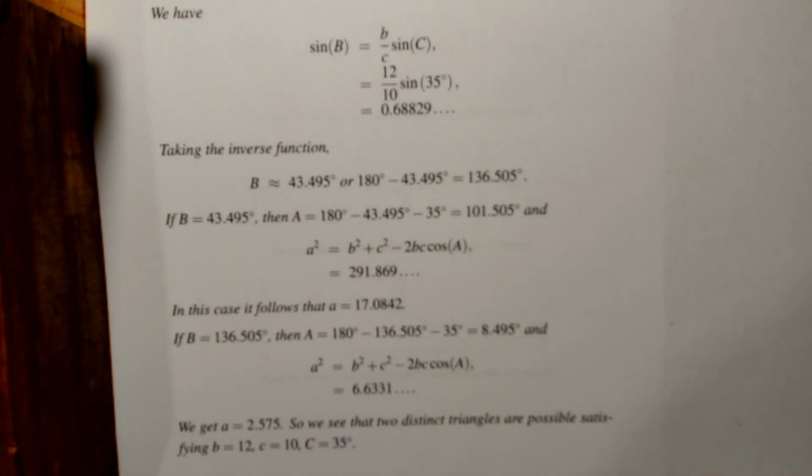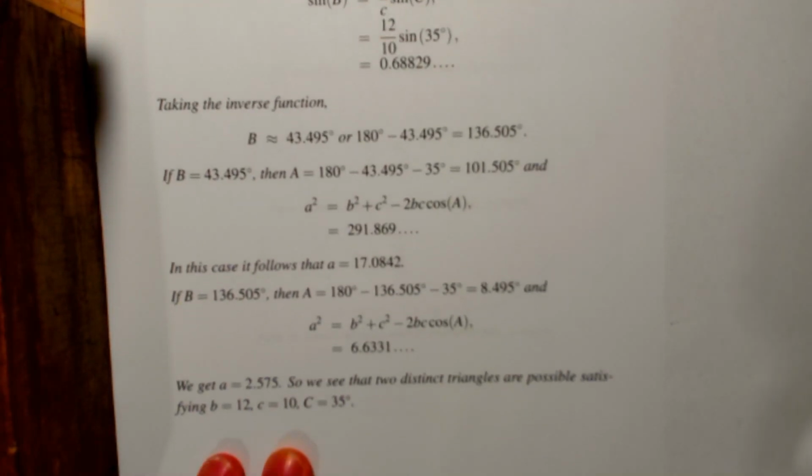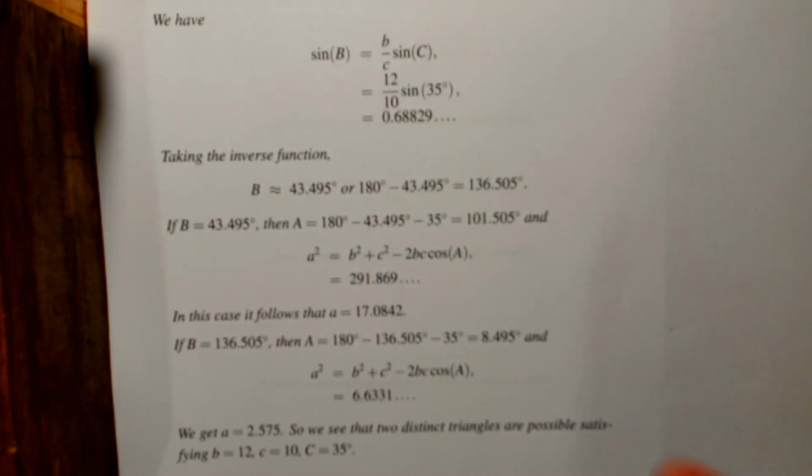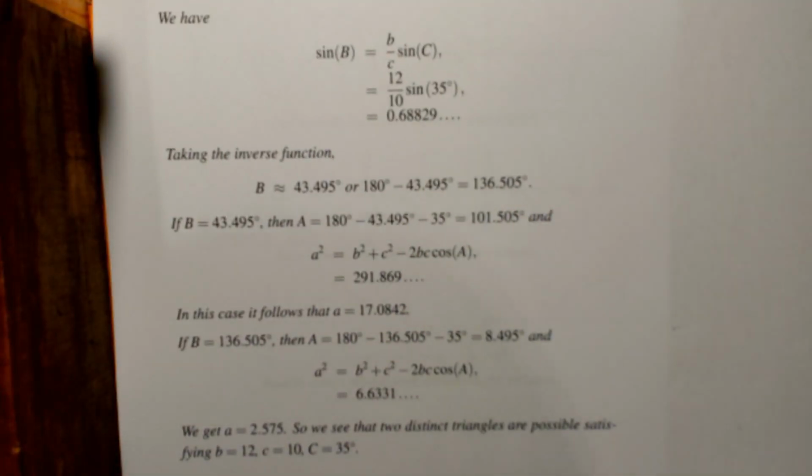So we see that there are two distinct possibilities for triangles in that problem. But they're not always, and usually what goes wrong in order to discard one of these is that A plus B plus C equals 180 degrees, and so sometimes you find that you get the contradiction that one of the angles is negative.